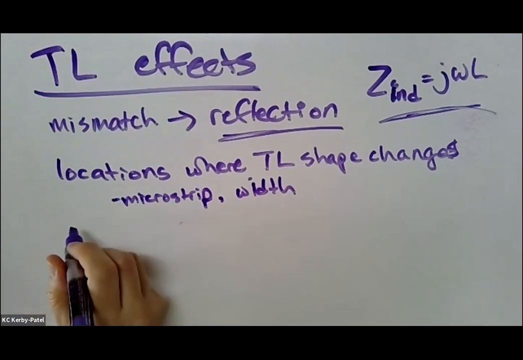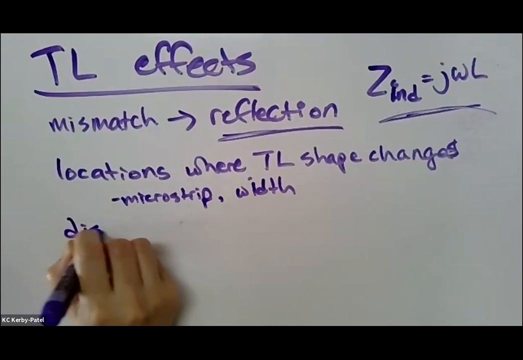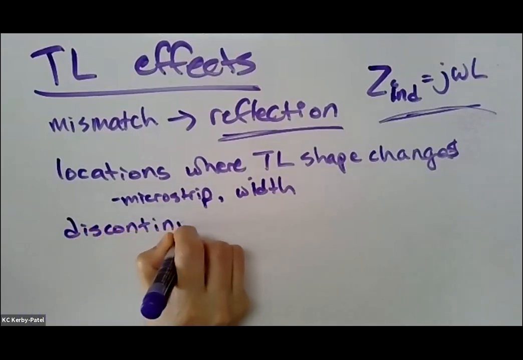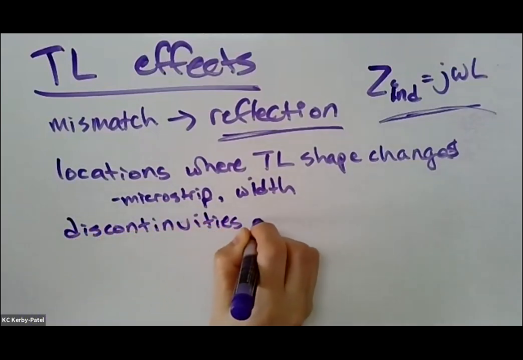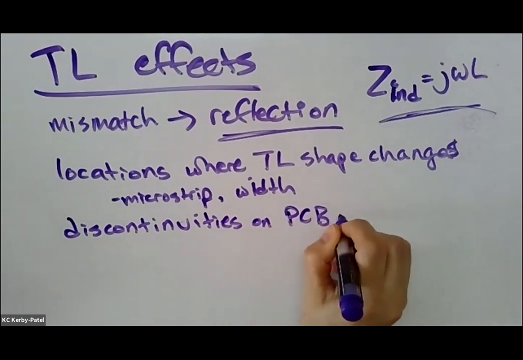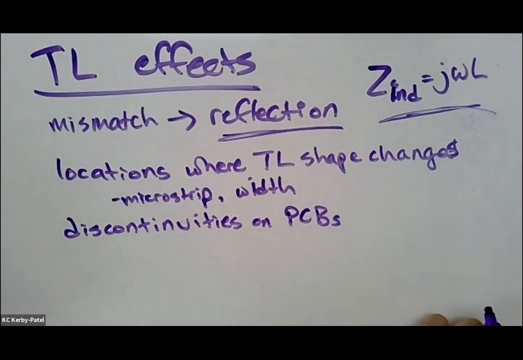Other discontinuities on PCBs. These are really common when you have a situation where you really ought to be treating it like a transmission line circuit and you're not.